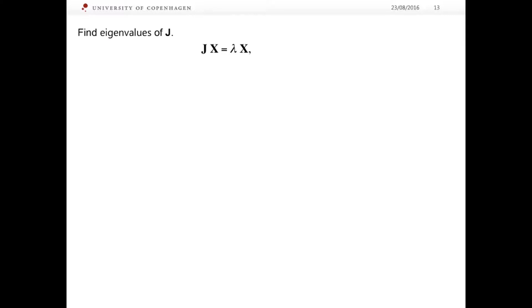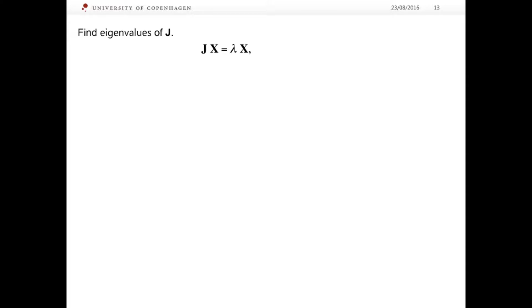To remind you, the problem of eigenvalues is stated as follows. We assume that there is a certain column vector x, which is called an eigenvector. And we need to form the following equation. We take matrix J and we multiply it by the column vector x.